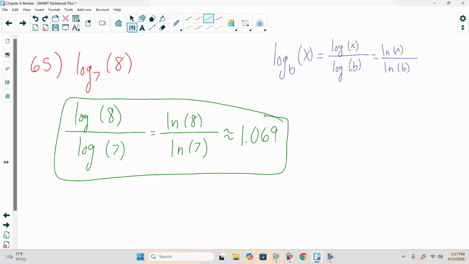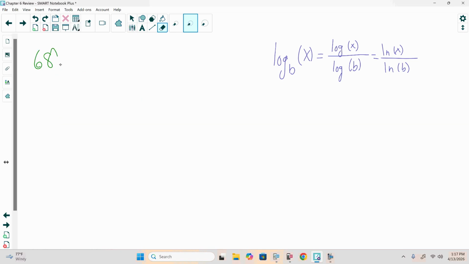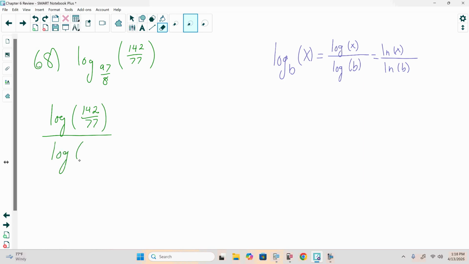68. Log base 97/8 of 142 over 77. If we wrote this in terms of common logs, it would be log of what's inside, so log of 142 over 77, over log of the base.